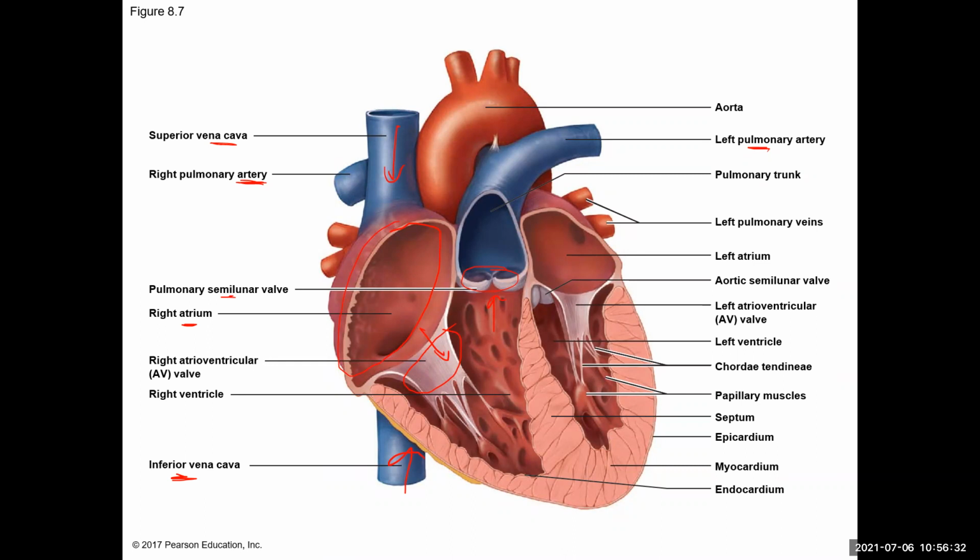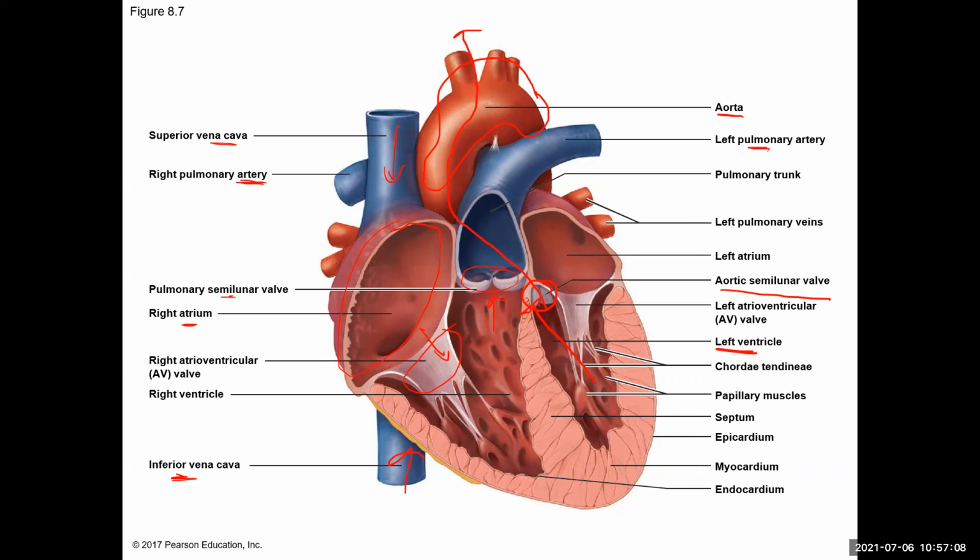And then inferior vena cava, inferior is below. Okay. You have the aorta, which is this vessel here. And this is carrying blood to the body. So blood will leave from the left ventricle, go through this valve, which is the aortic semilunar valve, will go behind the pulmonary artery and out the aorta.